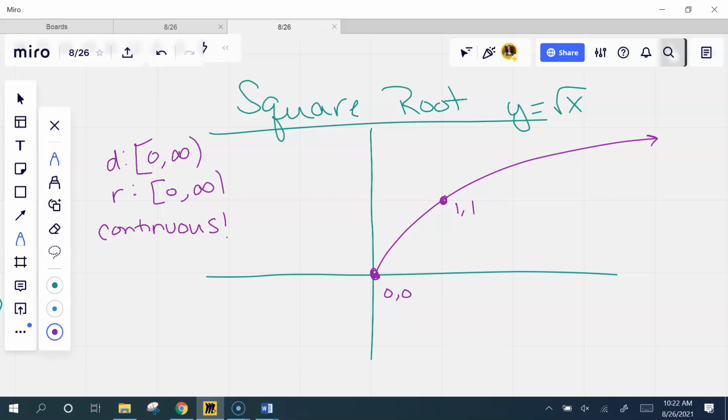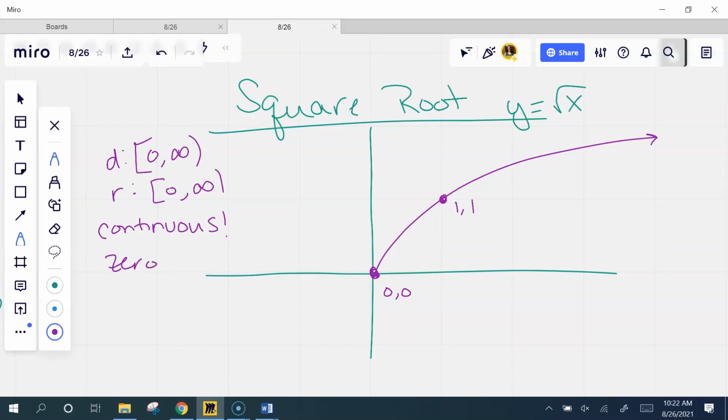It has a 0, 0. What else does it have? Absolute min. Yes, it's continuous, because can you draw it without lifting your pencil? Yes. Just because it's cut off there doesn't matter. Now, if it had another piece to it, then no, it wouldn't be continuous.